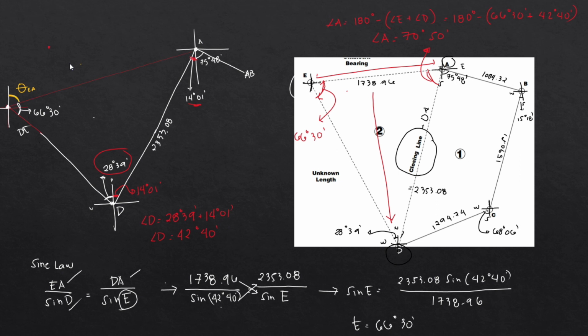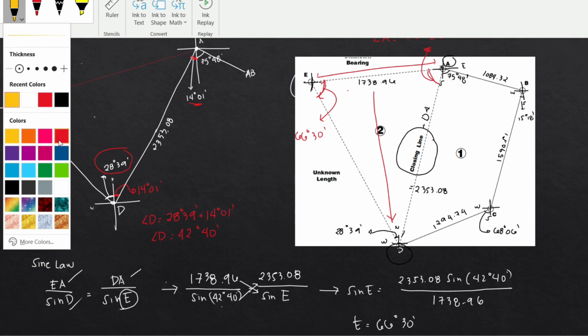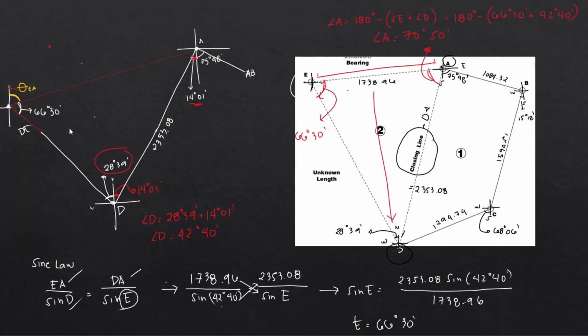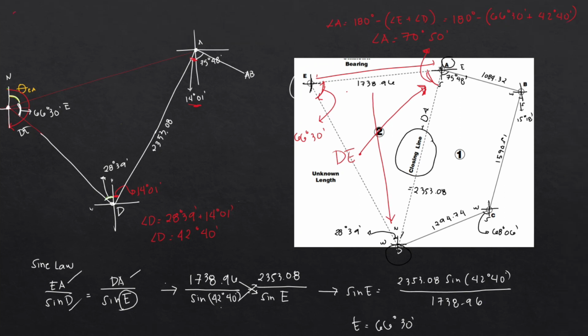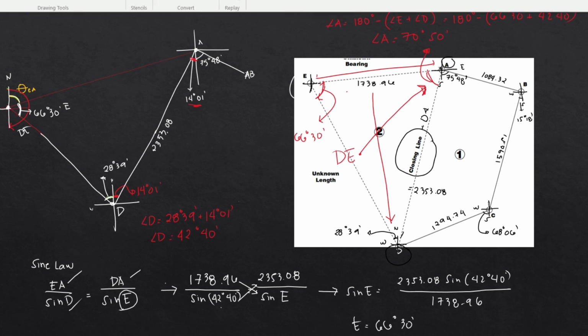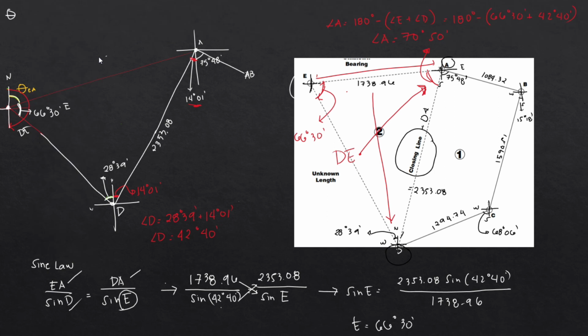Itong angle na to. So, para makuha yan, di ba meron tayong 180 na buo? Mula north to south. Okay, so ito, north to south, yung part na yan, 180 yan. Okay, so bearing EA is equal to 180 minus ito, 66 degree 30 minutes.